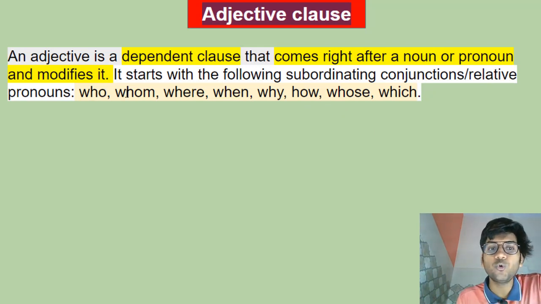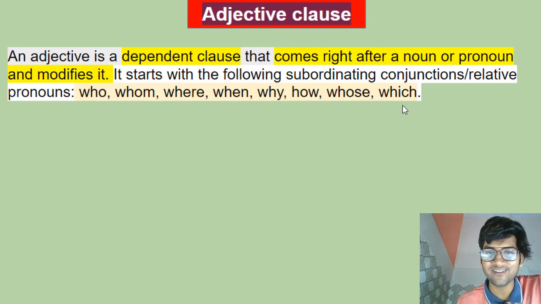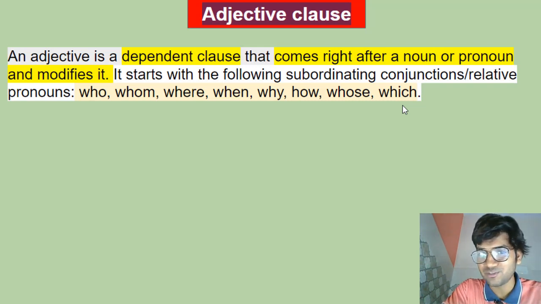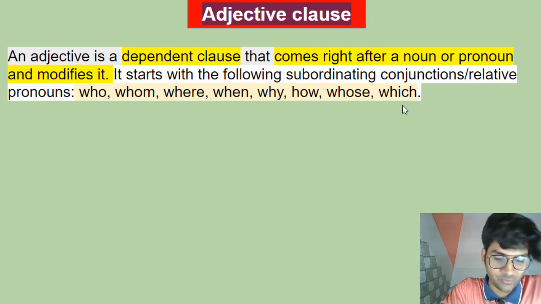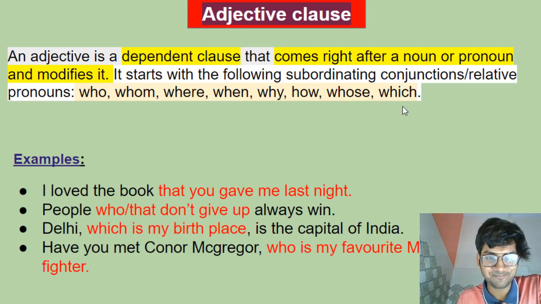These are who, whom, when, why, how, whose, which. Since these clauses start with relative pronouns, they're also called relative clauses, right? So there's no difference between an adjective clause and a relative clause. You got this, okay? Let me show you some examples.